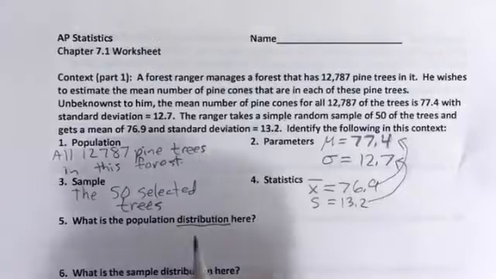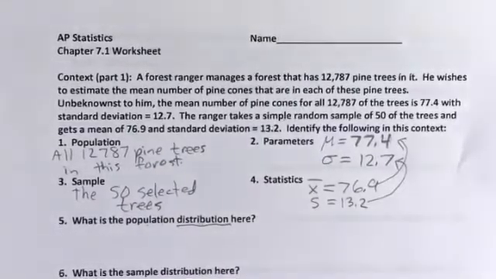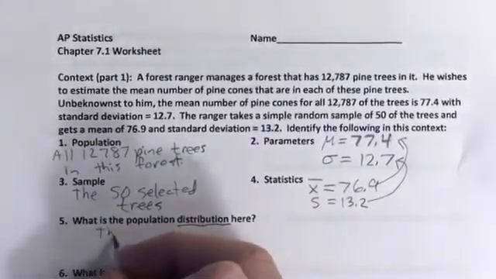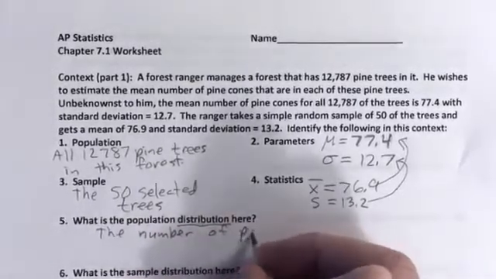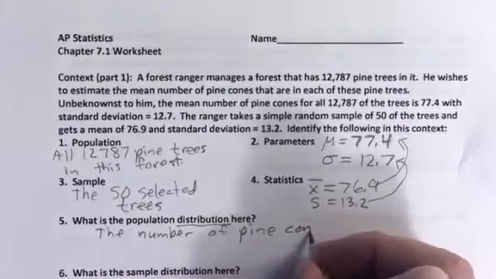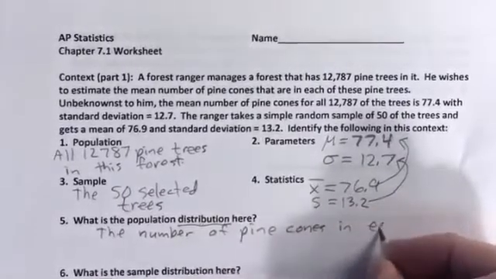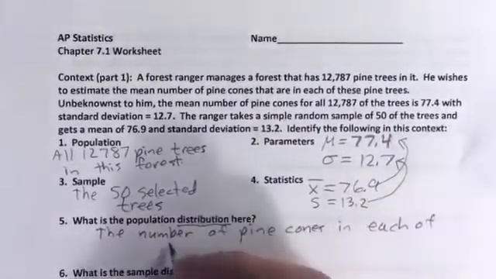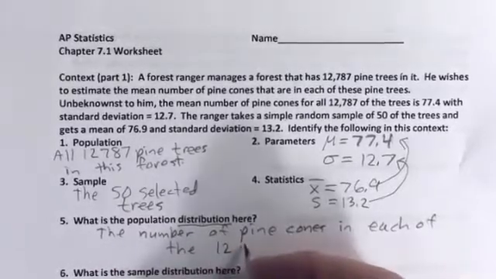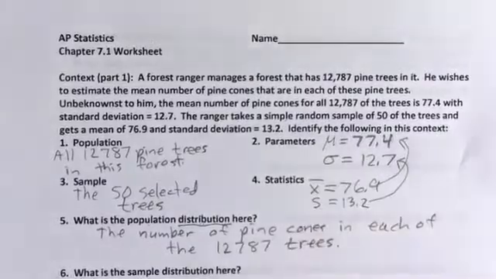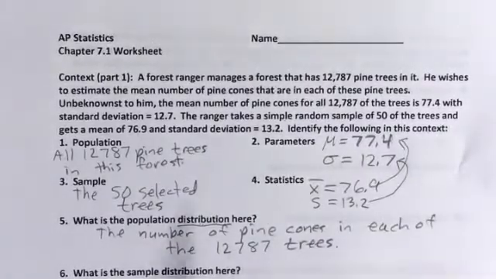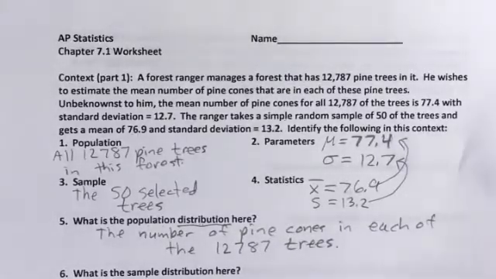In this case, what we're measuring is the number of pine cones, so it is the number of pine cones in each of the 12,787 trees. The population distribution is just 12,787 numbers: the number of pine cones in each tree.